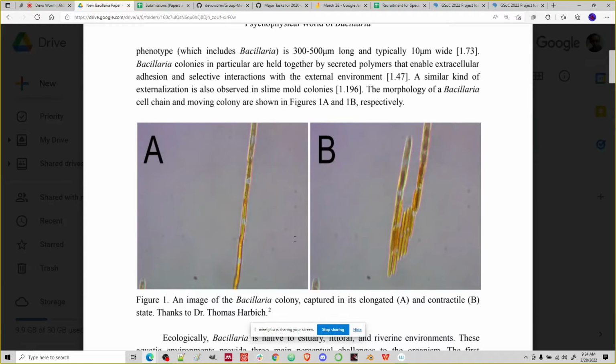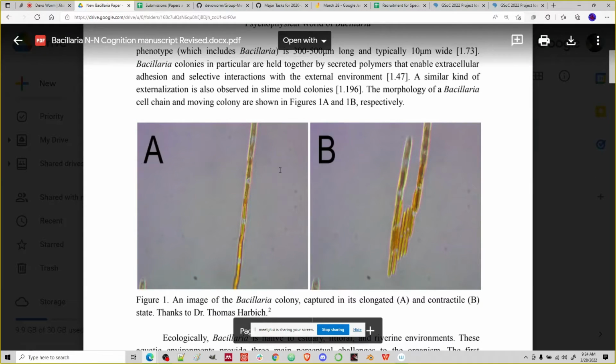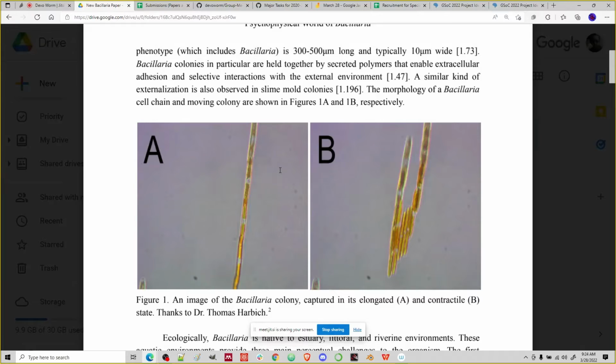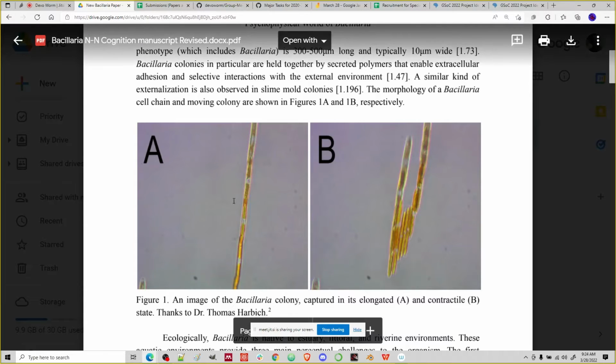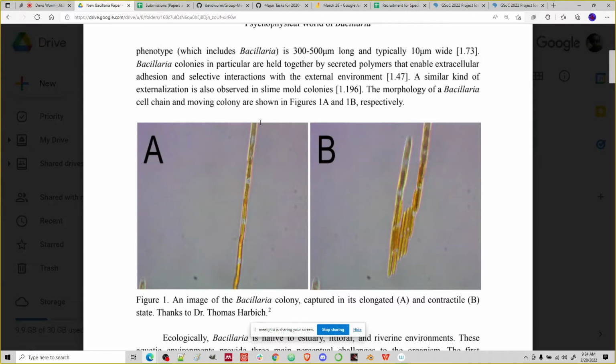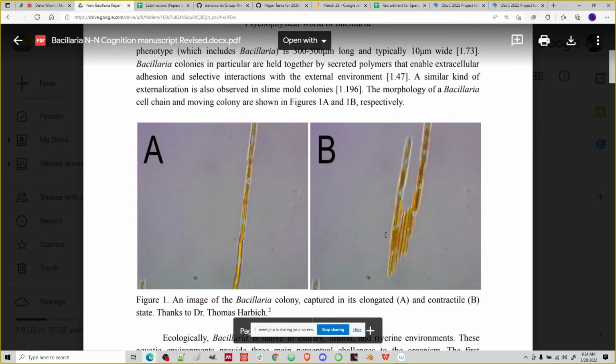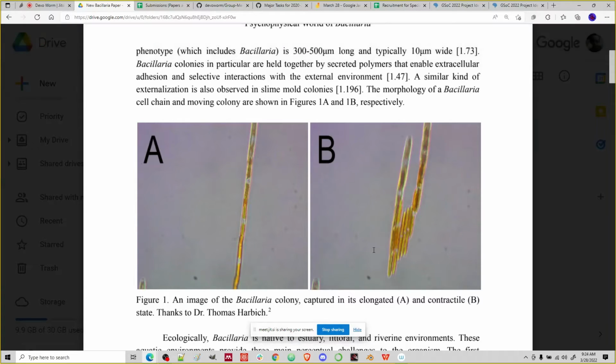Diatoms live in aquatic environments, in areas near the shore and different locations in the world. It's a very diverse group of organisms. This one is the Basilaria, a specific type of diatom. It's an elongated cell type, and they live in colonies where the cells are stuck together, and they move around.